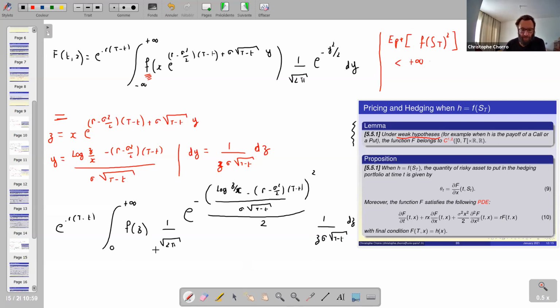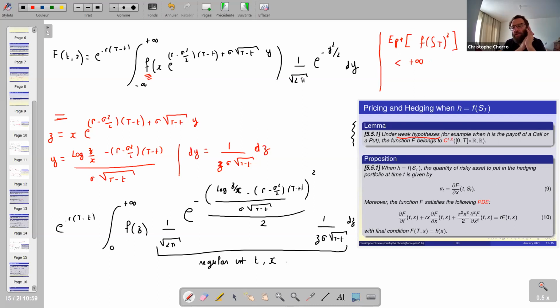And I have here something that is regular in t and x. And so I see that through this change of variable, I move the dependence on x and t from f to the density of the normal N(0,1).